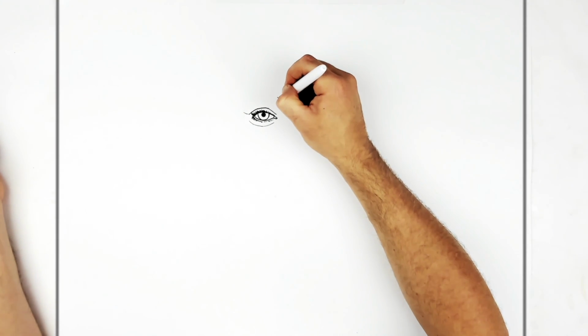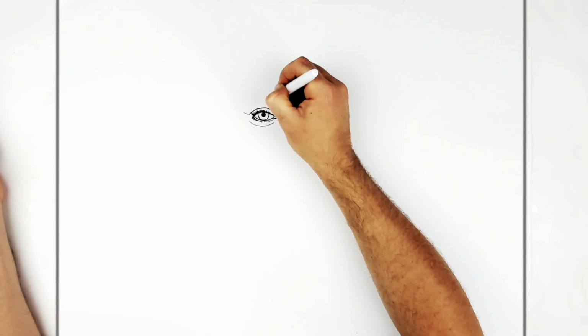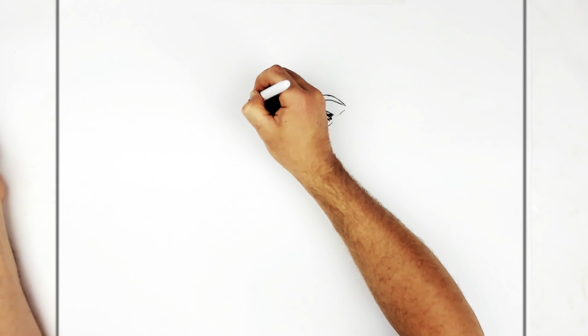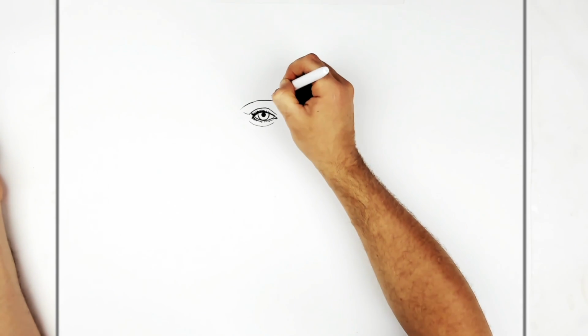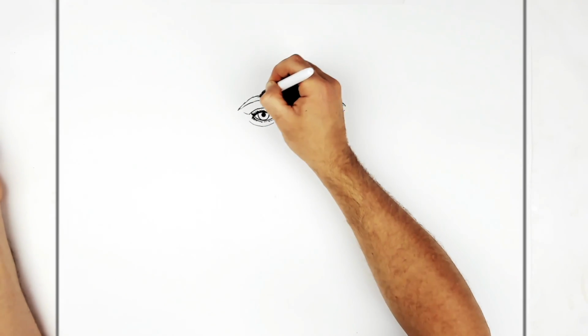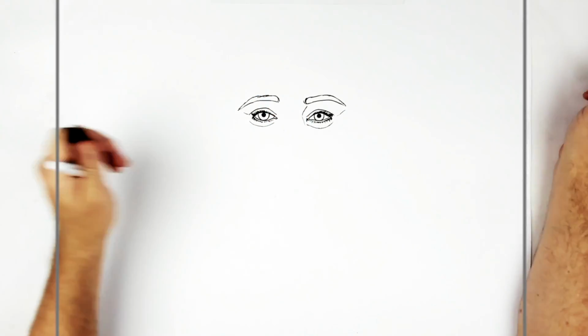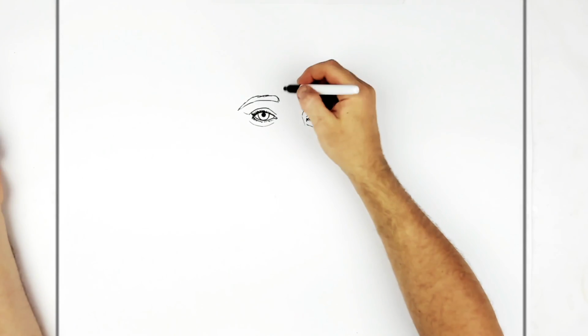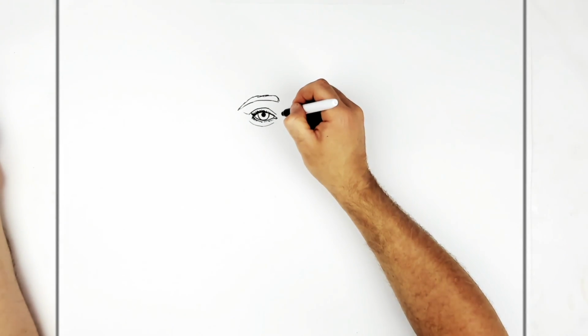Eyebrow again, quite shaped, formed eyebrows, down that way, goes underneath her hair. And again, a sort of nose line here.